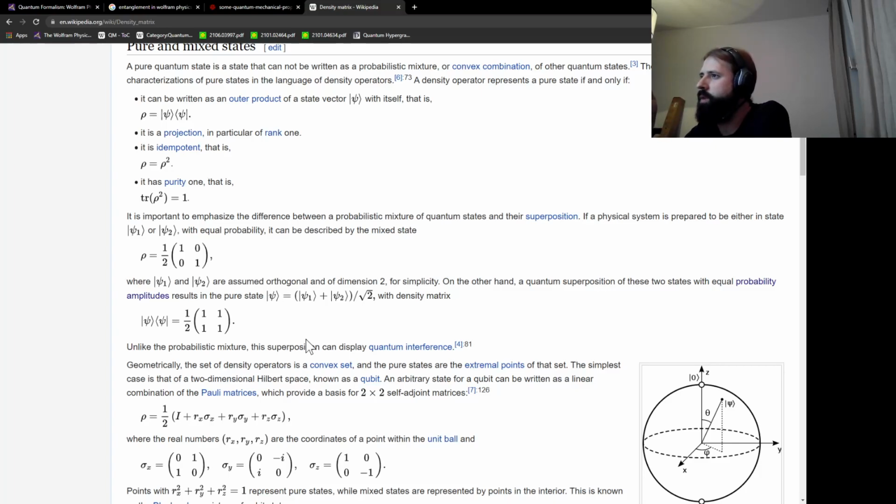What does this tell you? It tells you something about the fact that you're not in just the 1 state or the 0 state, right?